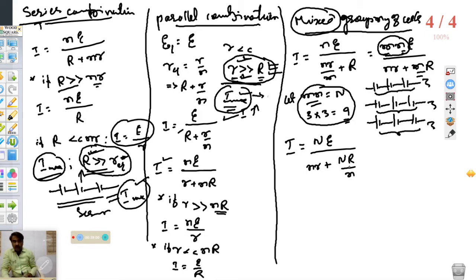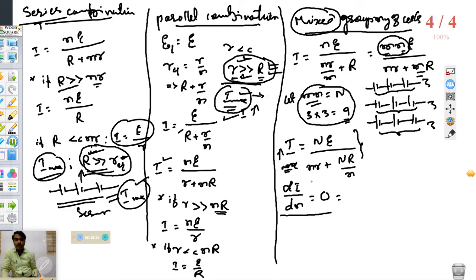Now if we want the maximum value of current, then with respect to n, dI divided by dn should be 0. This is the condition for the maximum value of current in the grouping of cells.